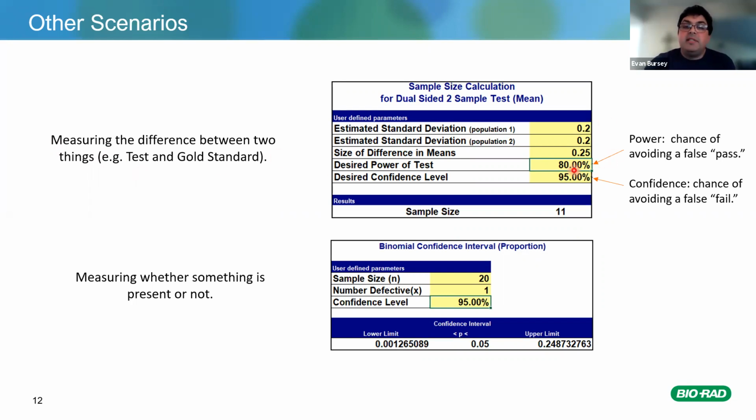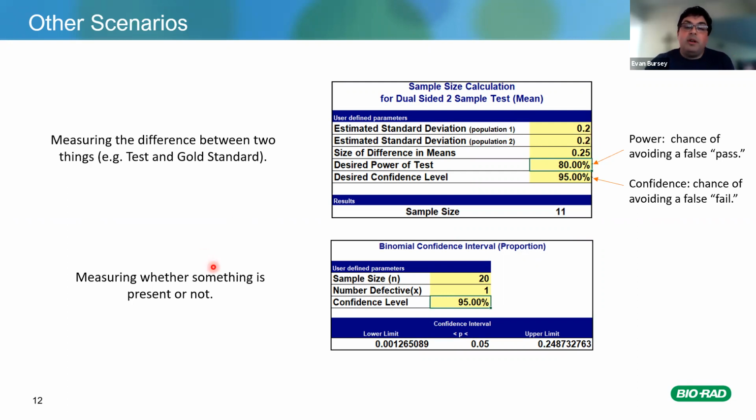If you measure the standard deviation of your reactions, and you know the size of the difference that you'd like to be able to detect between those two populations, and you establish the statistical power, which is the probability that you're going to avoid a false pass, and the confidence level, the probability that you're going to avoid a false fail, plug all that in, and you can estimate the number of samples that you would need to detect that size with these parameters given that standard deviation.